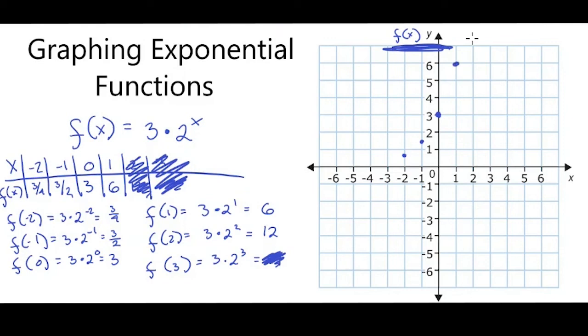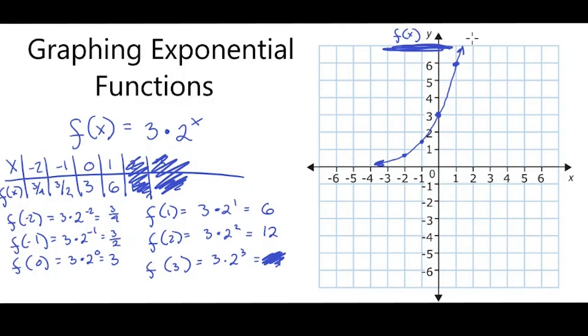All right, now I'm going to connect my points here with a curve. And I will put arrows on each end to show that it goes on forever. Make sure that this one does not cross the x-axis, because this never gets to be 0 or less than 0.